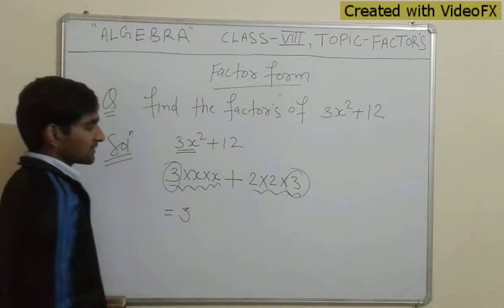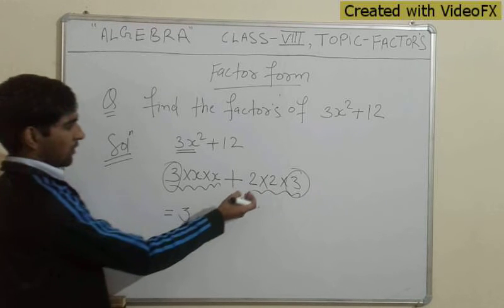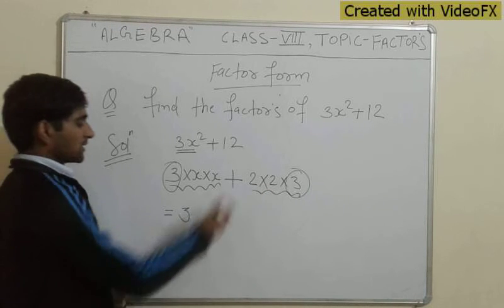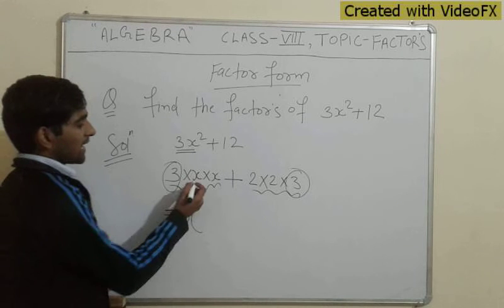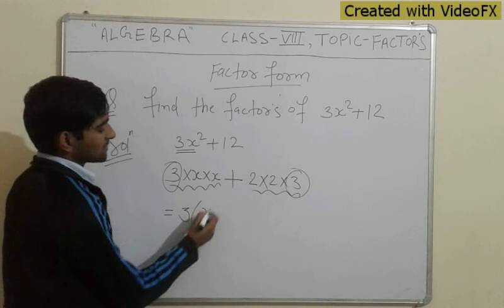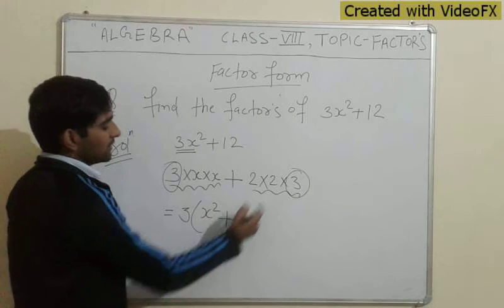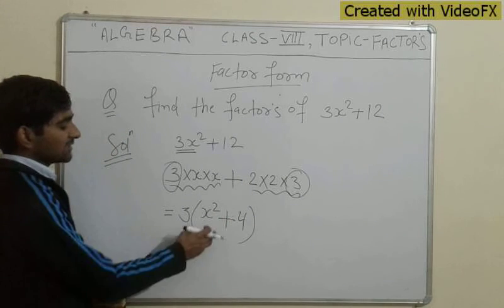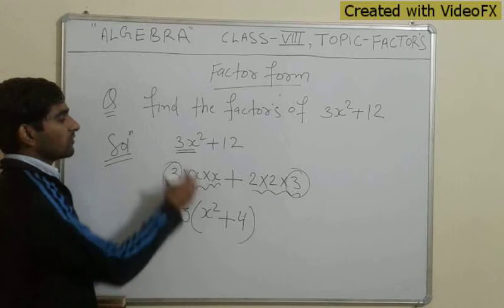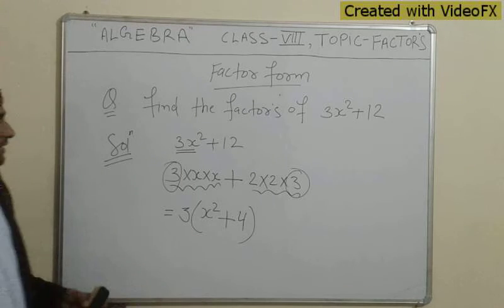Is there anything else common? Now there is nothing common. So put x into x square, this plus sign, and 2 into 2. This is our answer. This is the factor form of 3x square plus 12.